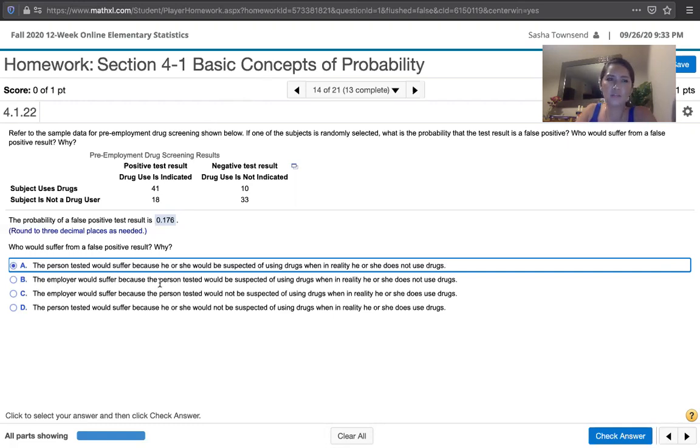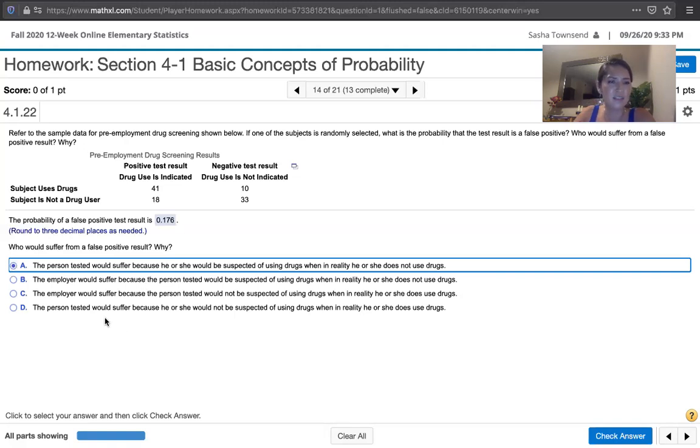That's true, that statement after the because is true, but I don't know that that would mean the employer would suffer. Let's look at C. The employer would suffer because the person tested would not be suspected of using drugs when in reality he or she does use drugs. Oh, it's not that case because false positives are non-drug users that tested positive.